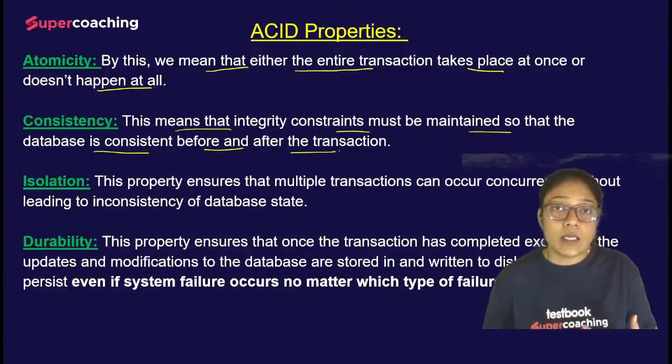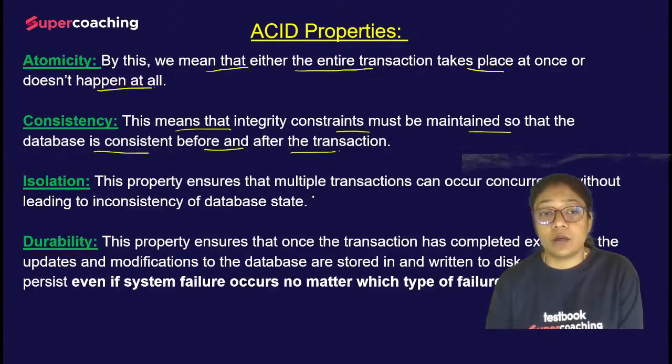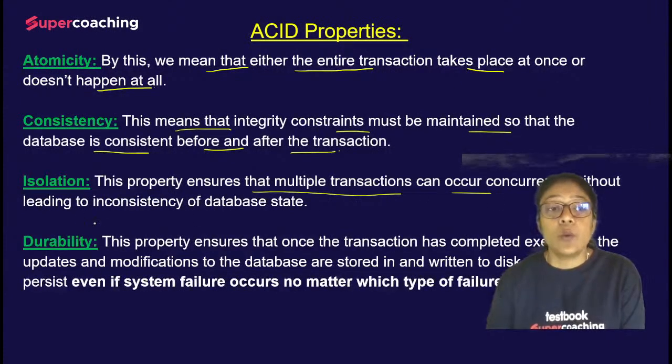We want throughput to be higher and we want the correct result as well. We want the database to be in the consistent state. So for that, there should be isolation of the multiple transactions. This property ensures that multiple transactions can occur concurrently without leading to inconsistency of the database state.